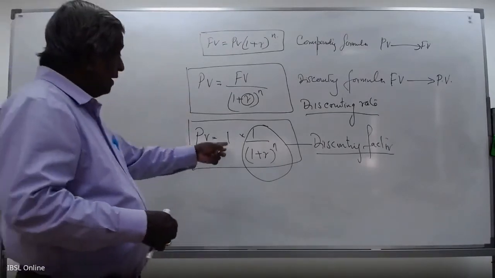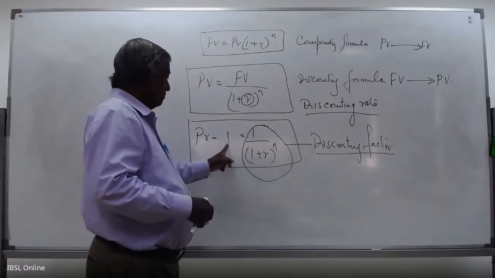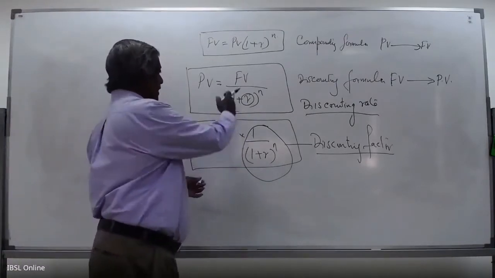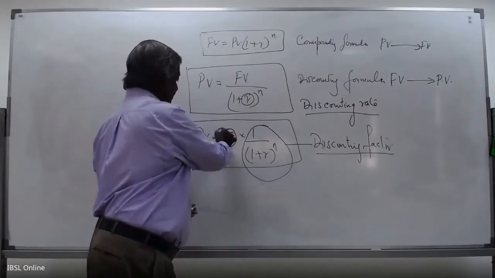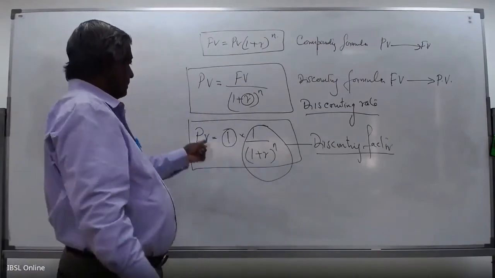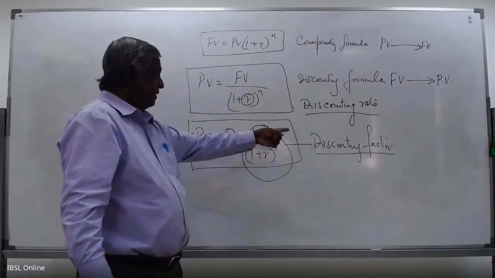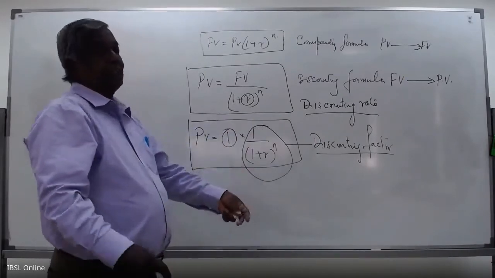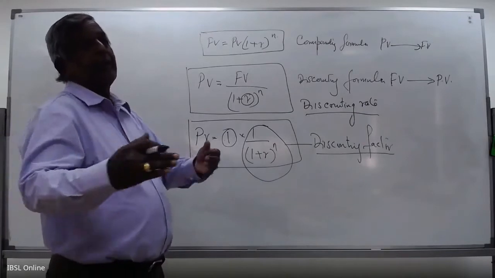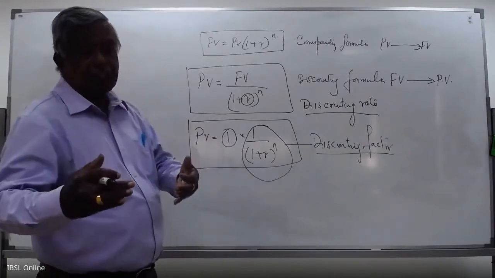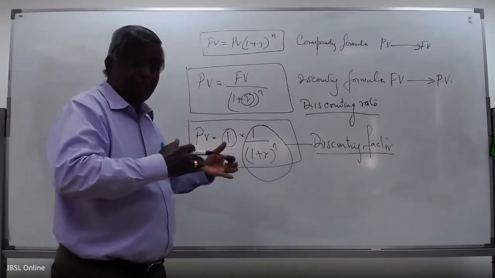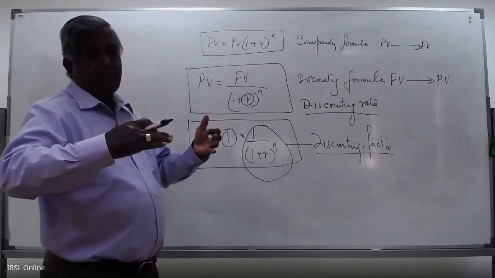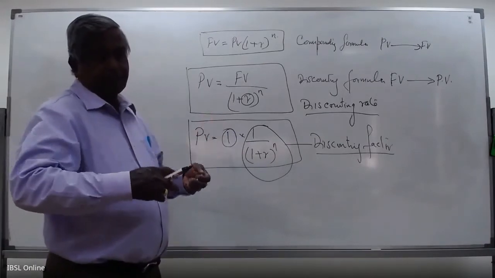So when the FV is 1, the future value is 1, the present value is going to be discounting factor. So for the discounting factor, you will get different values depending on the number of years and the different applicable discounting rates.